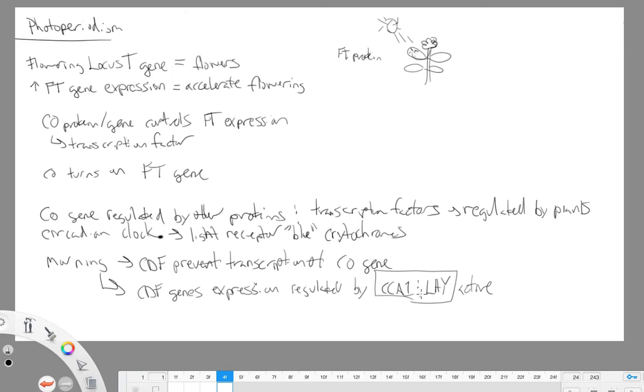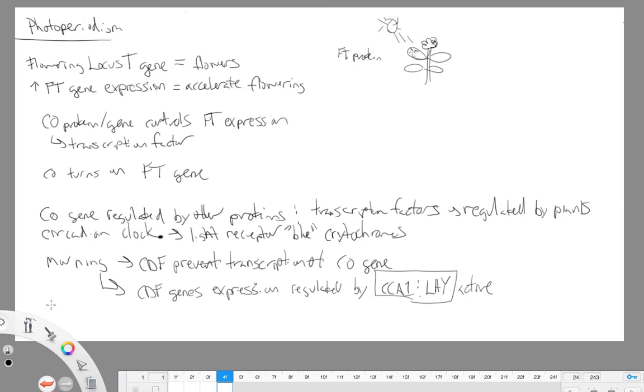So the CCA1 gene and LHY gene are active, and this is regulated by these light receptors. And they produce these CCA1 and LHY proteins, which are transcription factors that then turn on the CDF genes. The CDF genes produce CDF proteins, which are transcription factors that prevent the transcription of the CO gene. And when this is not turned on, it doesn't produce CO protein, which doesn't turn on the FT gene and doesn't create flowers, right? So this is keeping the plant from flowering.